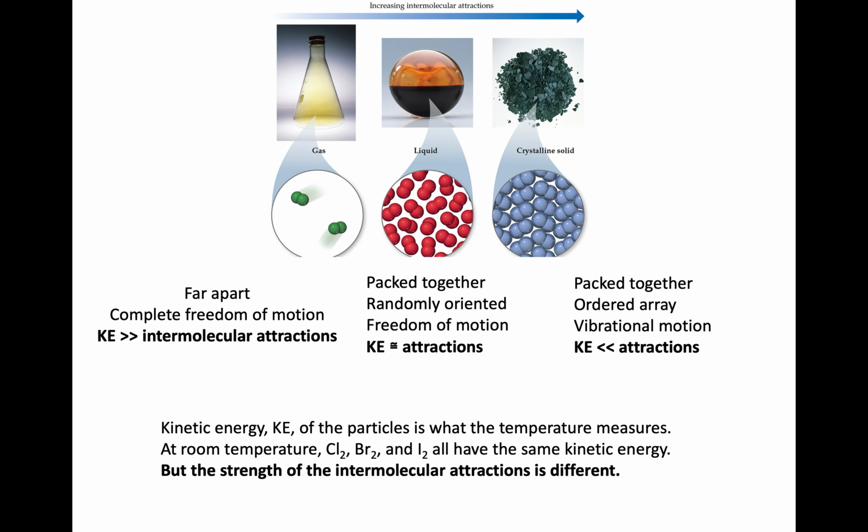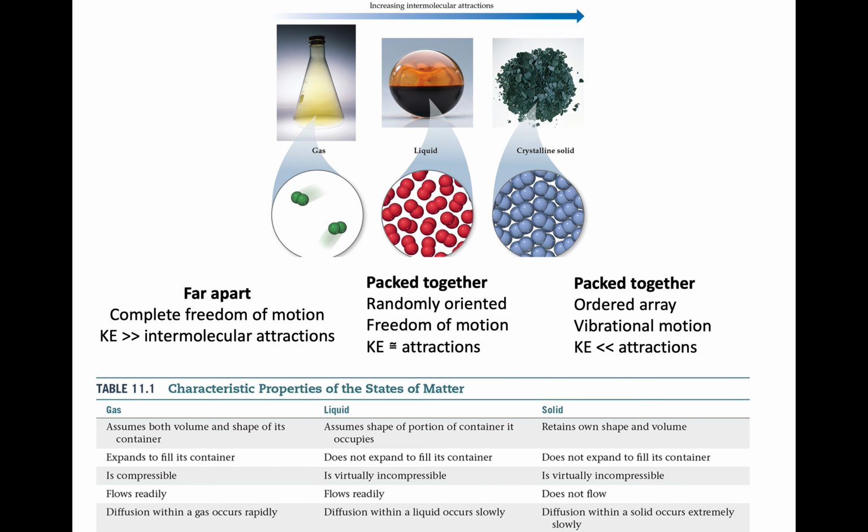The kinetic energy is about the same magnitude as the attractions when something is a liquid. And when something is a solid, that amount of kinetic energy is much less than the attractions. These descriptions here of what's taking place at the particle level, those give rise to the different properties, whether something is a gas, a liquid, or a solid.